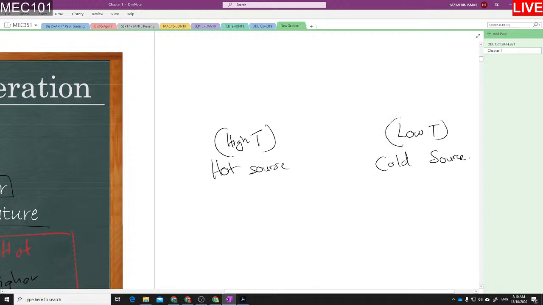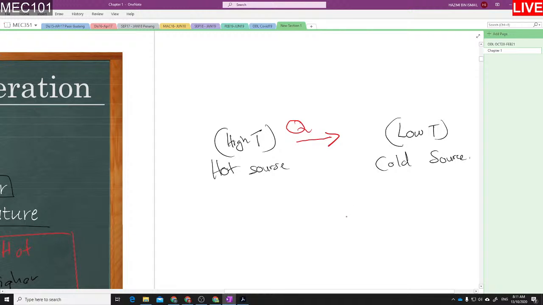So by the definition, refrigeration is a process to transfer heat from a low temperature region to a high temperature region. That is the definition of refrigeration.